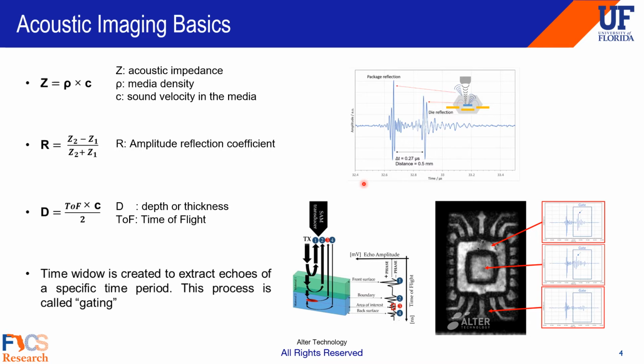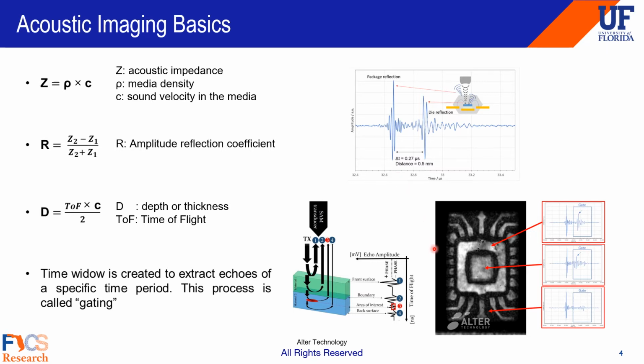Our output is a time-variant signal with time on the x-axis and intensity on the y-axis. We can see that the first significant signal is the surface of our specimen, while the second one is the interior interface reflection. We can also see the time of flight here, so we can calculate the distance or the depth of that particular interface.